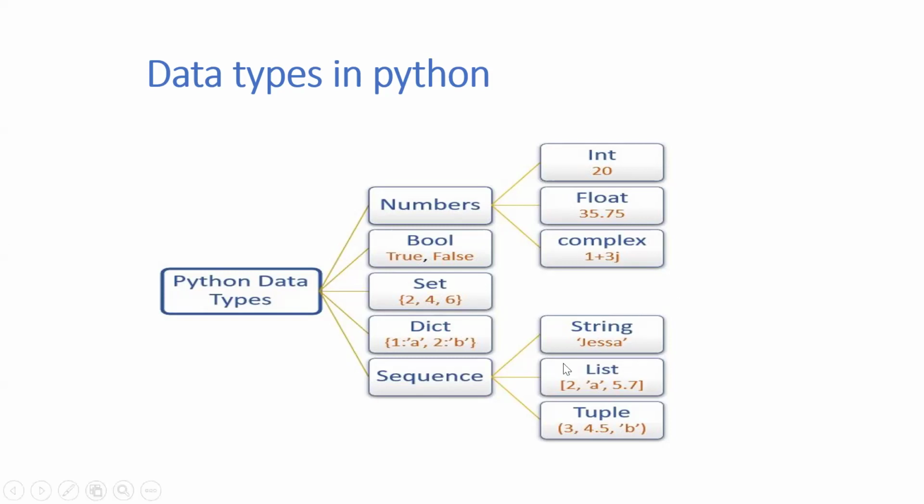A string can be represented by using double inverted commas. Anything written in double inverted commas can be a string. And a list can hold any type of value in square brackets.